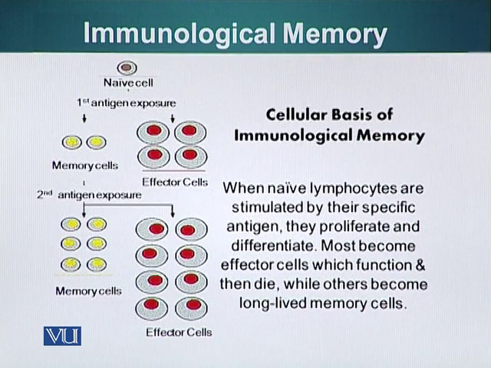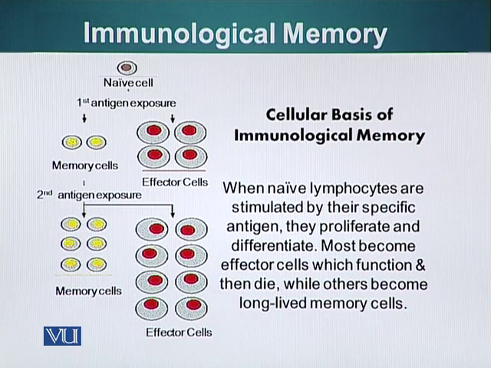So what is the cellular basis of immunological memory? First of all, we have a naive cell which, when it encounters antigen for the very first time, divides. For example, if it is a B cell, it divides into two different types of cells: a memory cell and an effector cell.